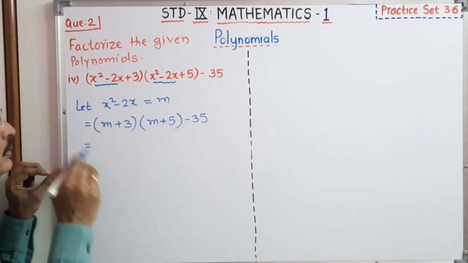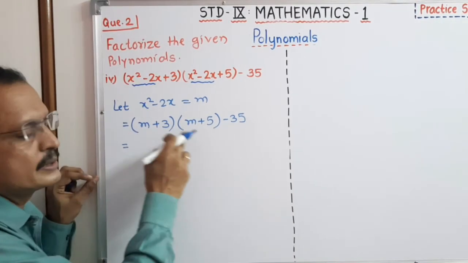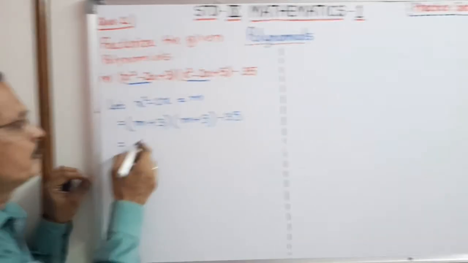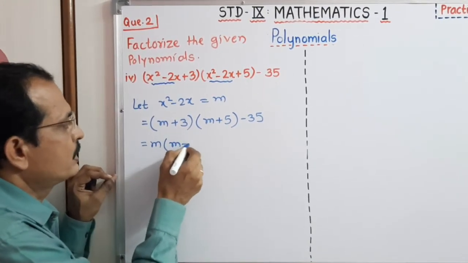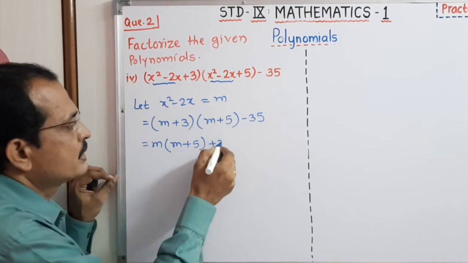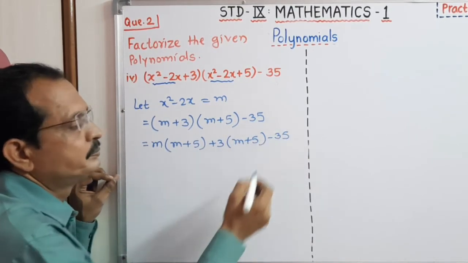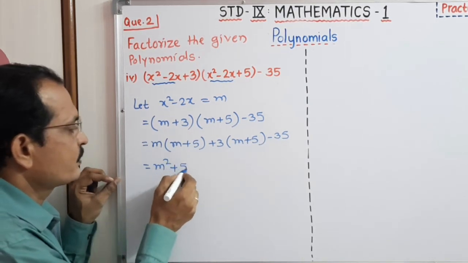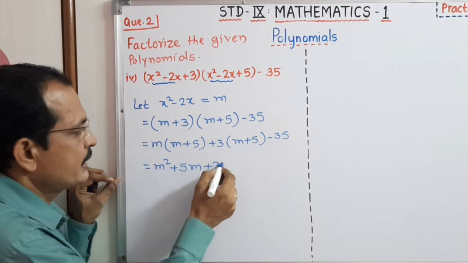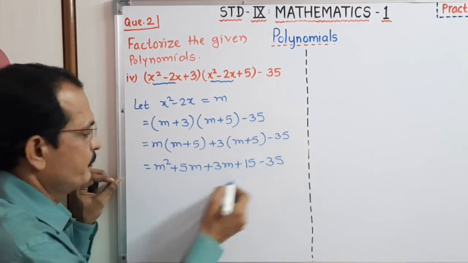Then what to do? We didn't get here the quadratic polynomial. Multiply this. m with this bracket m plus 5, plus 3 with m plus 5, minus 35. Therefore m square plus 5m plus 3m plus 15 minus 35.